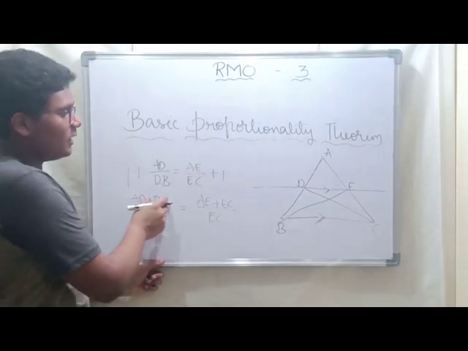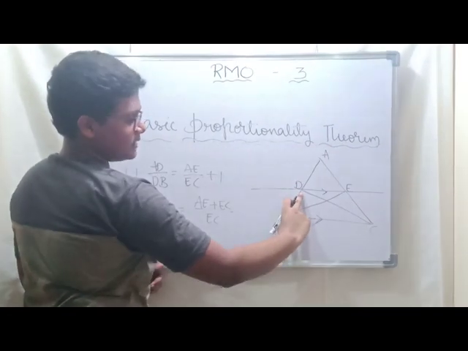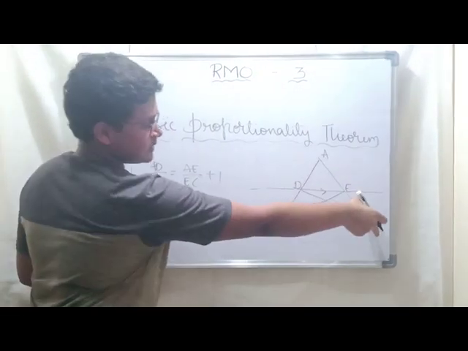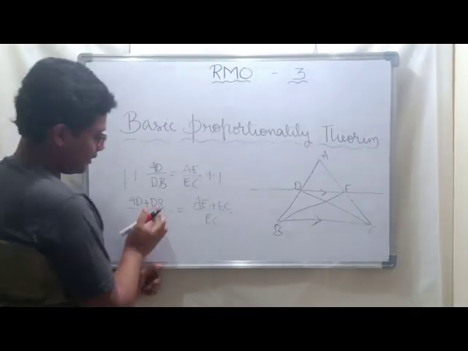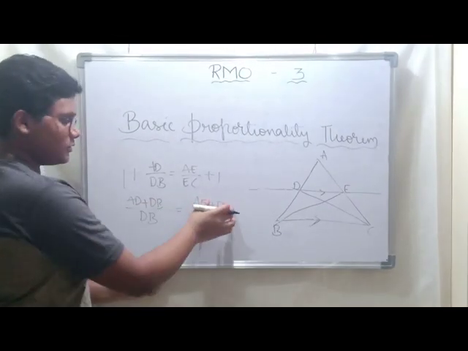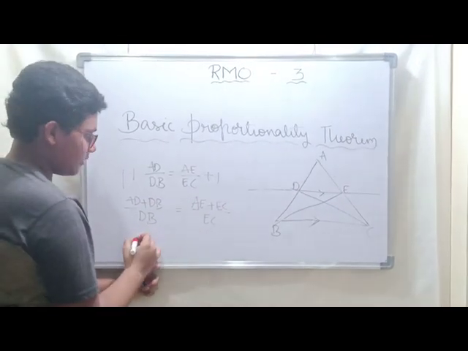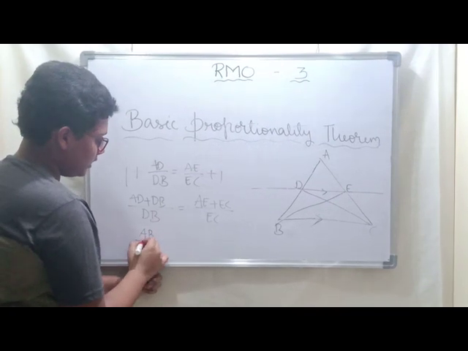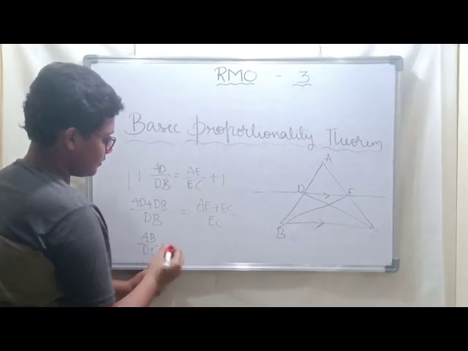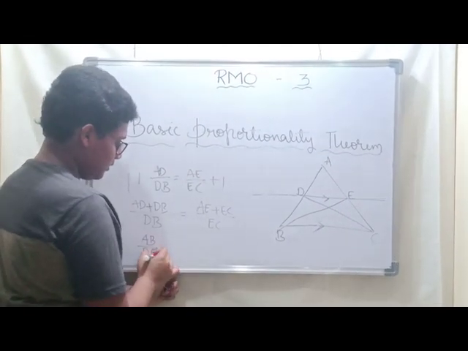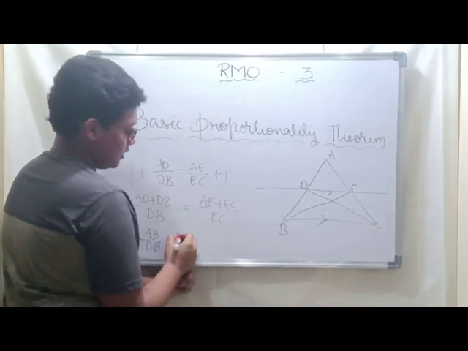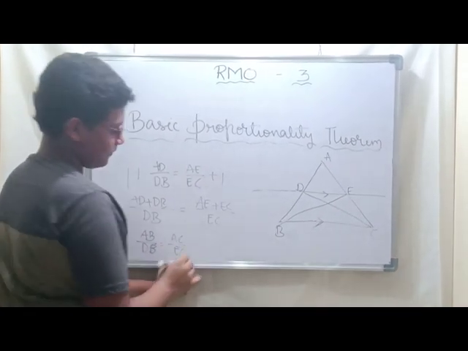Here AD plus DB is equal to AB, and AE plus EC is equal to AC. So we can substitute those here. So AB by DB is equal to AC by EC.